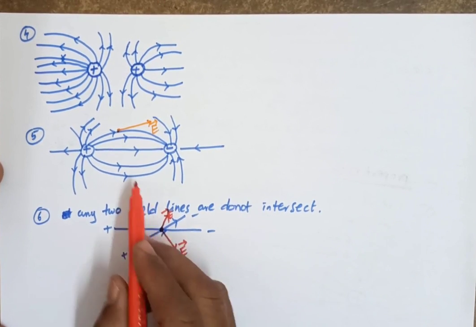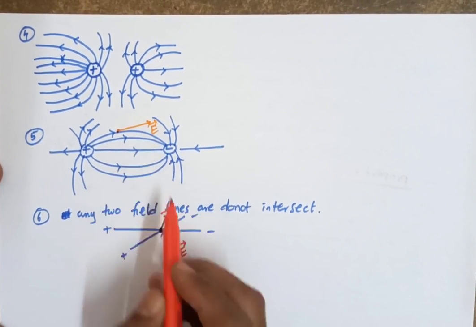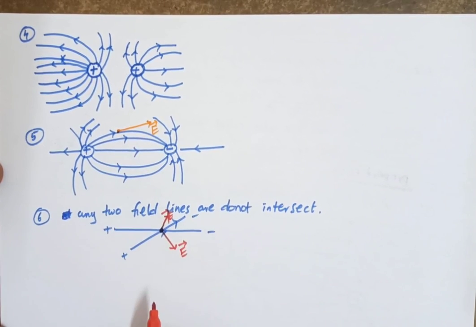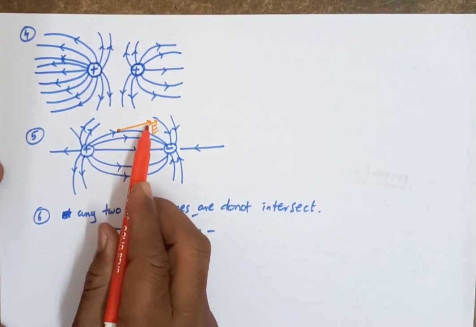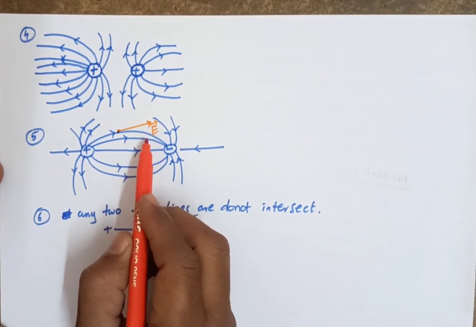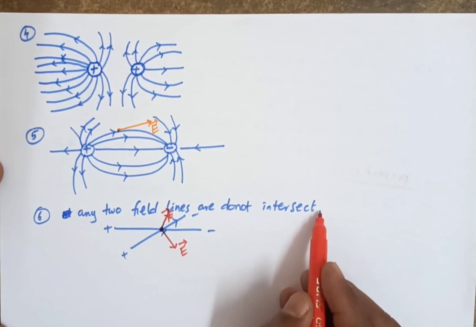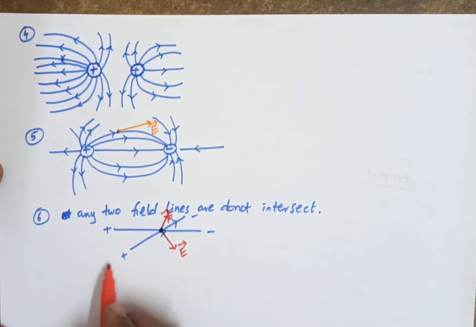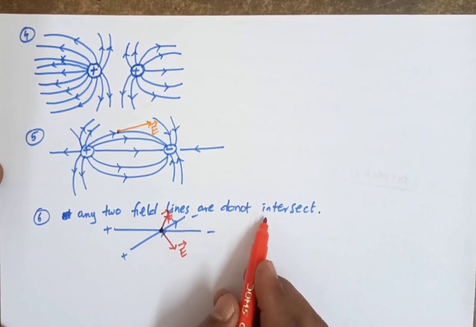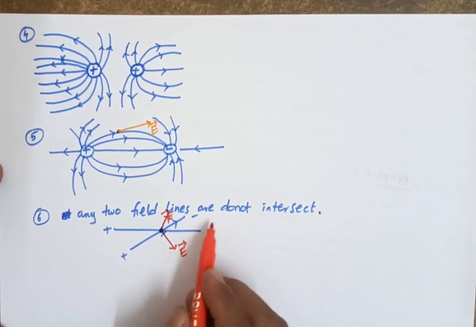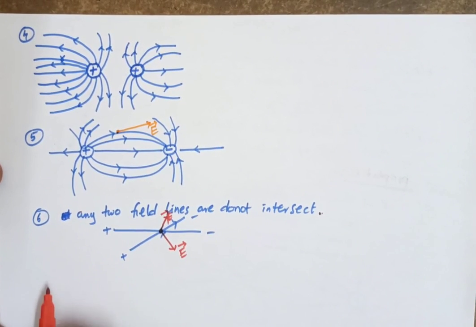At any point we can draw only one tangent, so there is only one direction of electric field. So any two field lines do not intersect each other.